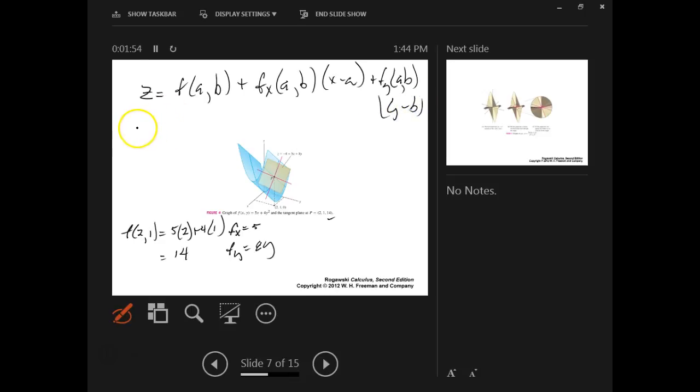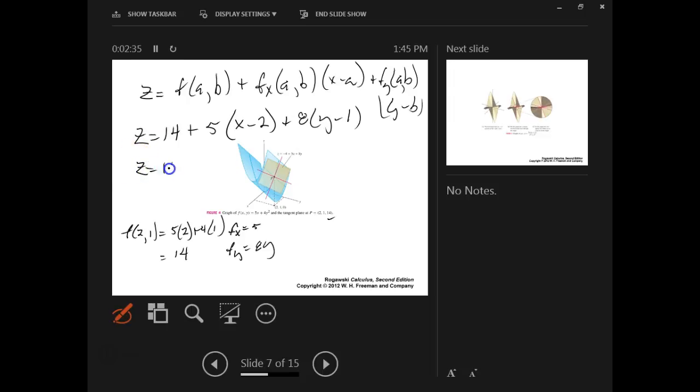So this would be z is equal to 14, that's f of (2, 1), plus, now, f sub x at (2, 1), there is no x or y dependence there, so that's just 5. 5 times x minus 2, plus f sub y at (a, b), well, (a, b) is (2, 1), and there's only y dependence there, so that's just going to be 8 times y minus 1. There's our equation for the tangent plane.